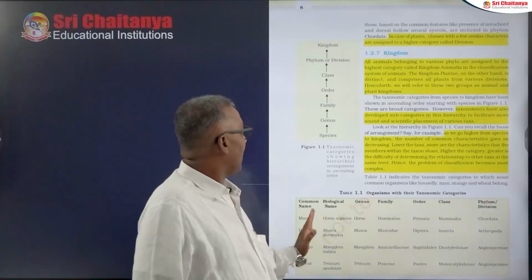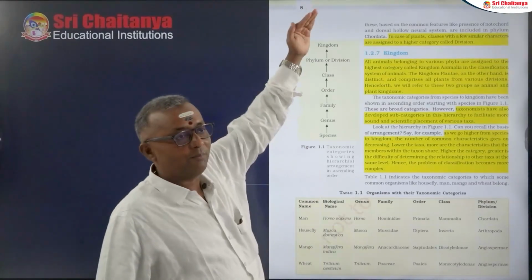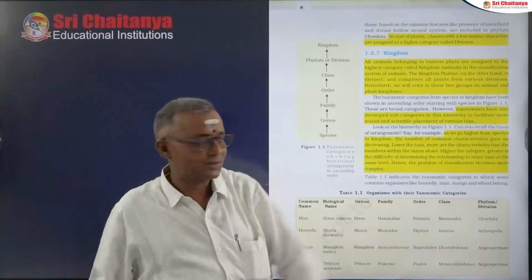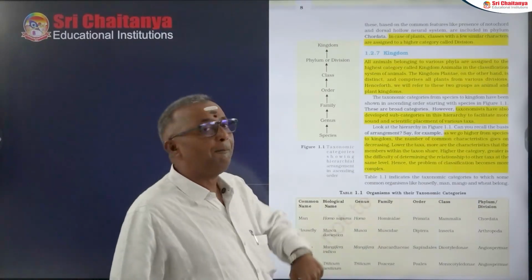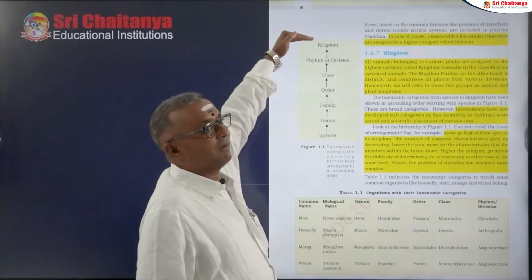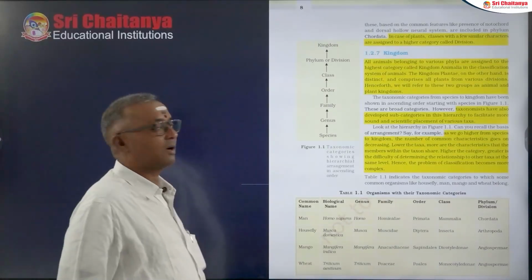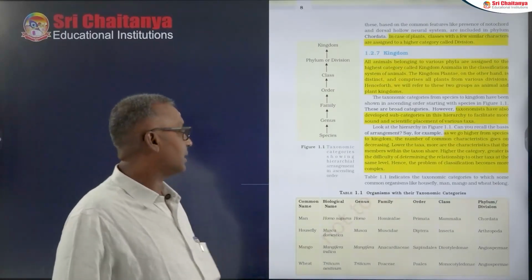As you go from species to kingdom, the similarities decrease, so it becomes more complex at the higher level to recognize the organisms. So this is what we have to know about the kingdom.